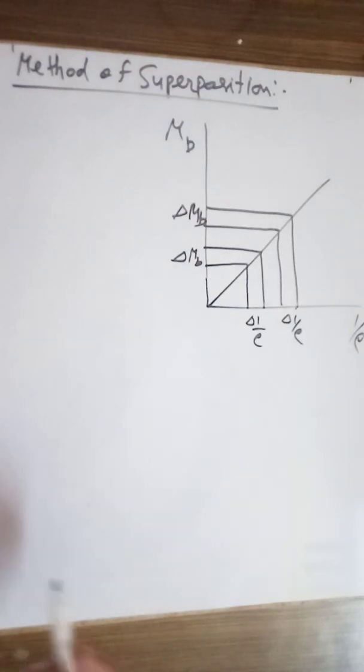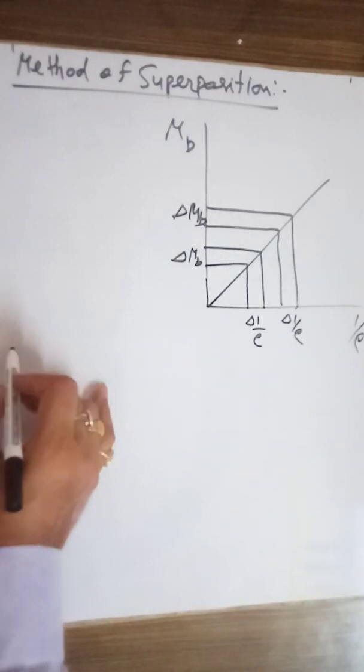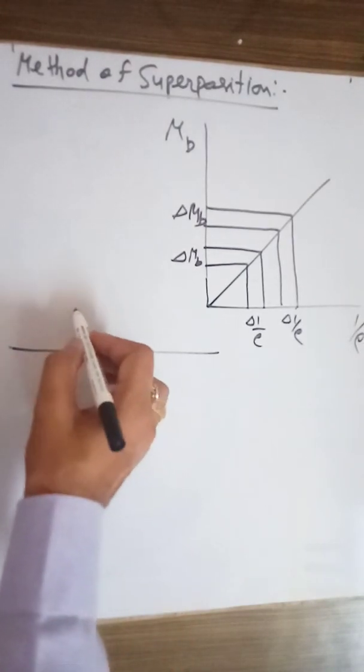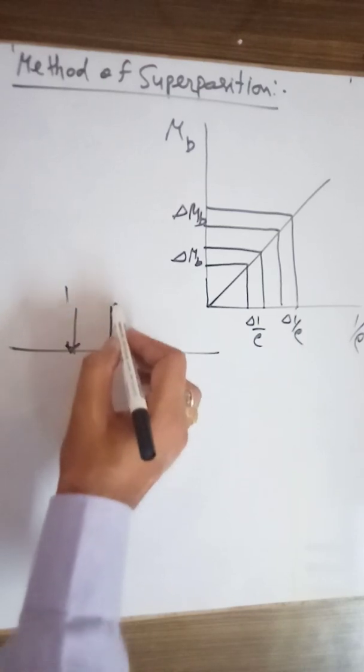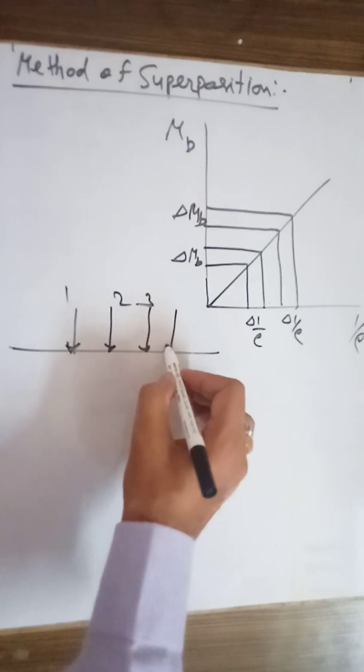For that, suppose we have some slender member under several loads. Let us consider this is our slender member and it is having several loads. Here is the first load, here is load 2, here is load 3 or load 4.